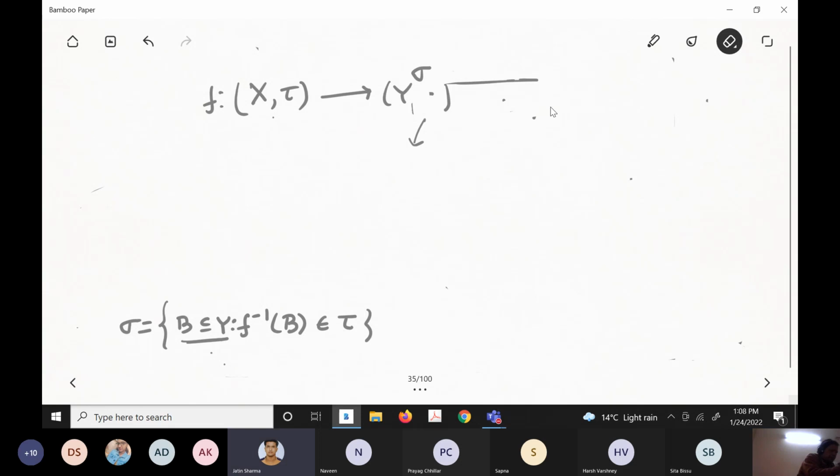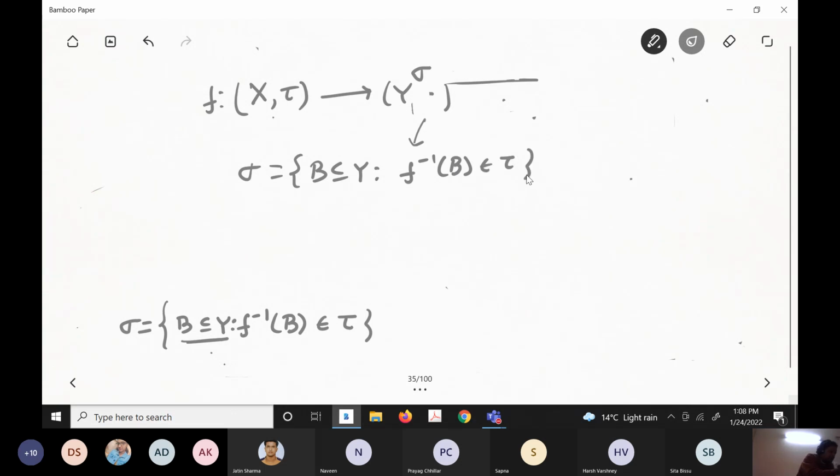Sir, what if we take the collection f(B) such that B belongs to tau? I'm working on this thing. Let me finish that. My collection is this exactly. My collection is this: B subset of Y such that this is the condition, f inverse of B belongs to tau.